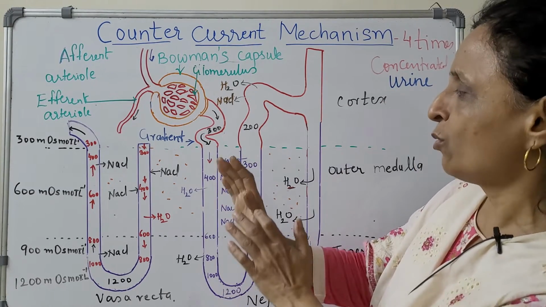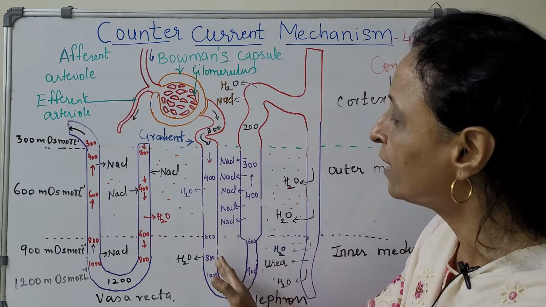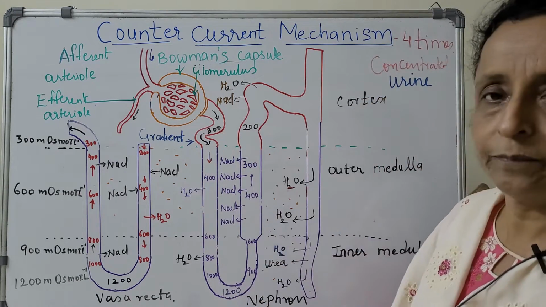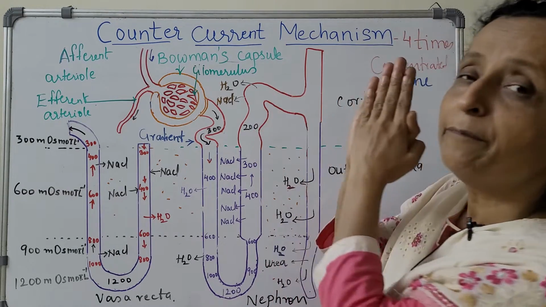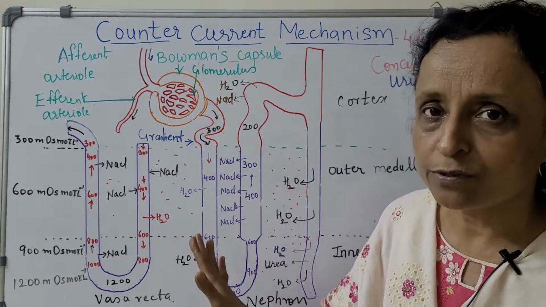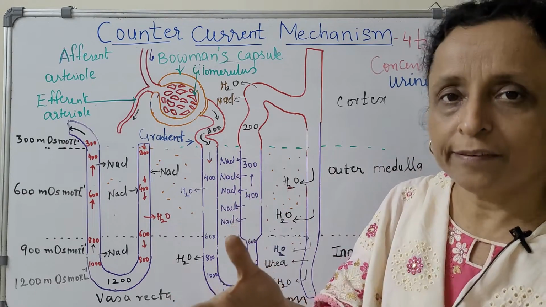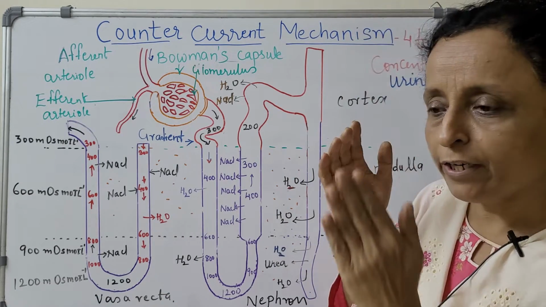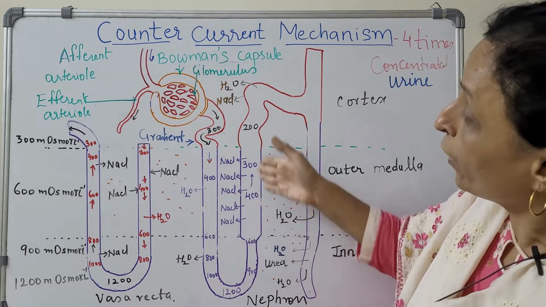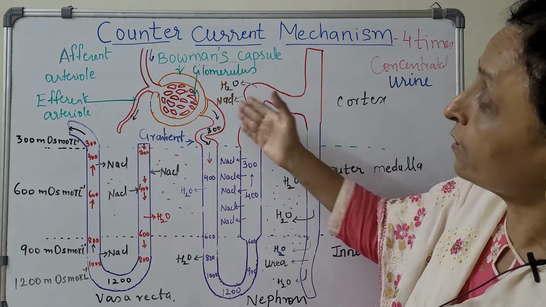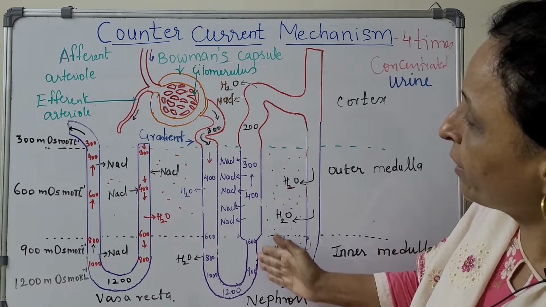Now, why is it known as counter current? Because there is a current formed in the descending limb, and there is a current formed in the ascending limb, which are exactly opposite. Since they are exactly opposite, they are known as counter current. So going down, the concentration gradient is increasing, and going up here, it is becoming less and less.